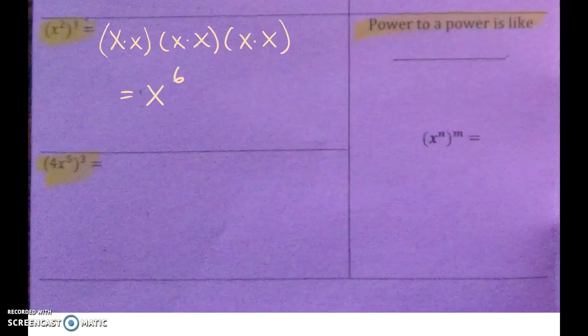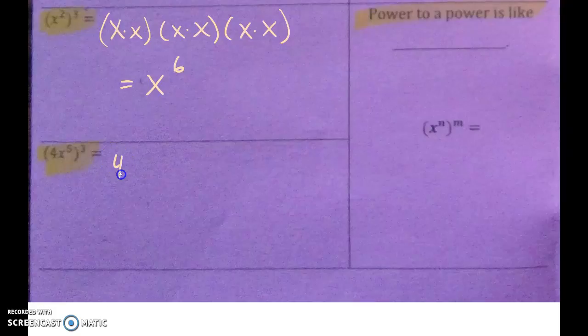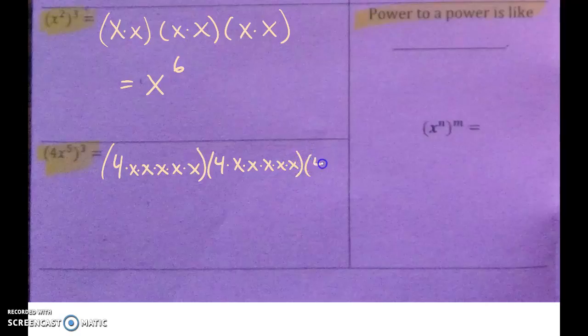If we look at another example, 4x to the 5th, cubed, we're going to get 4 times x times x times x times x times x, and we're going to do this 3 times. So 4 times 4 times 4 would give me 64.